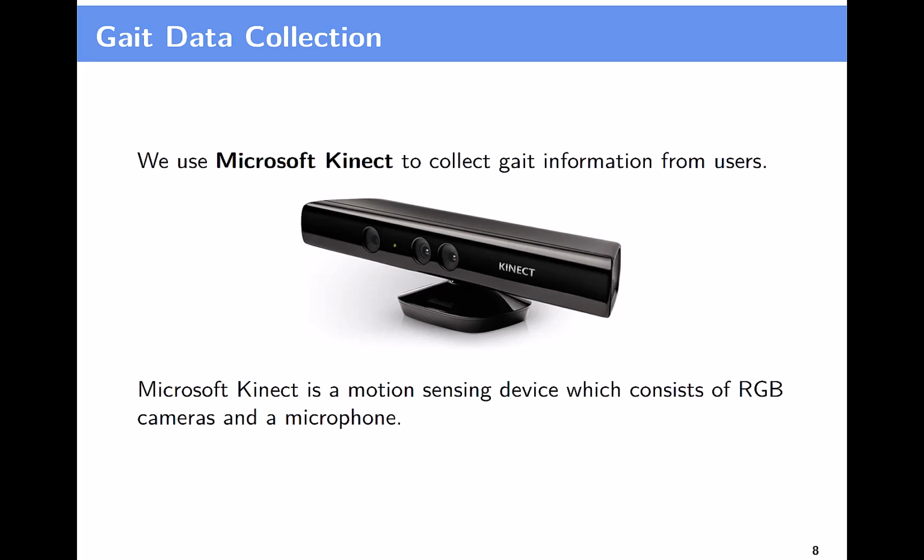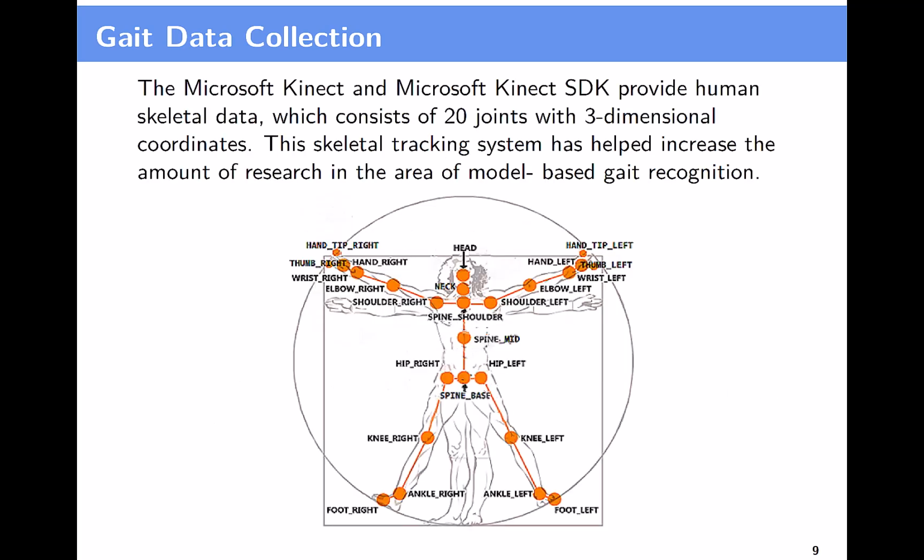Based on the captured image, Microsoft Kinect SDK can detect the three-dimensional coordinates of the 20 joints of the human body. This skeleton tracking system helps increase the amount of research in the area of model-based gait recognition, because from the image, we can extract the location of the joints automatically. Then we use the location of the joints to identify a person.